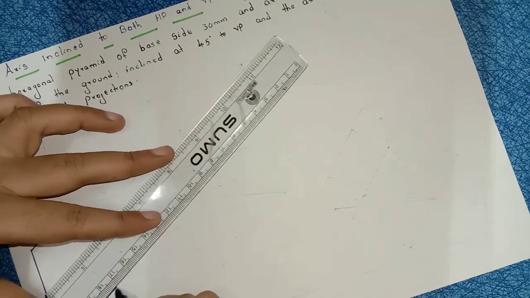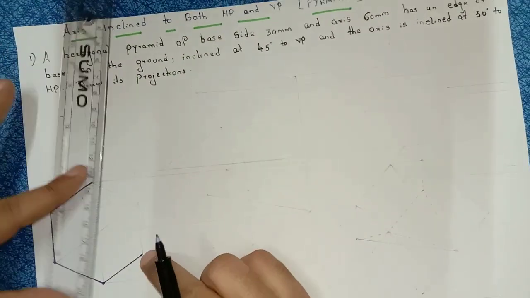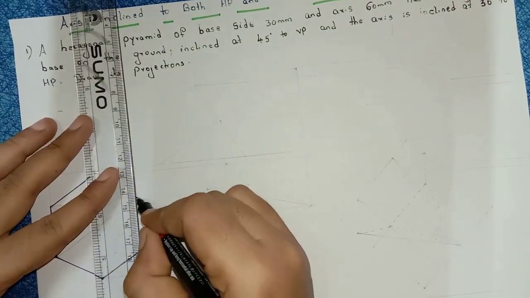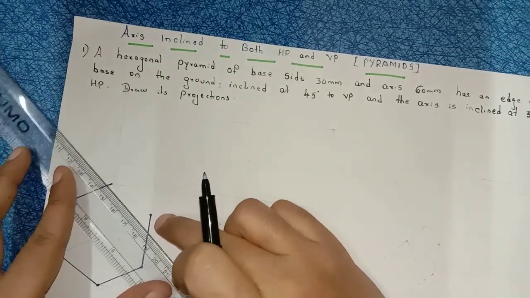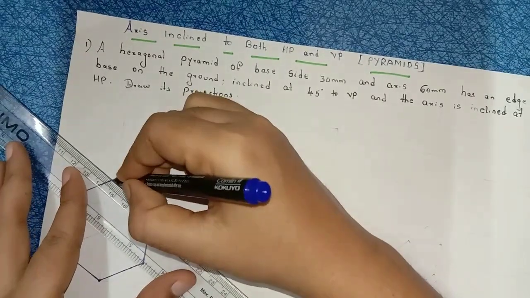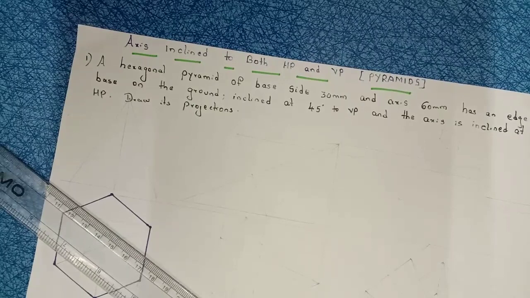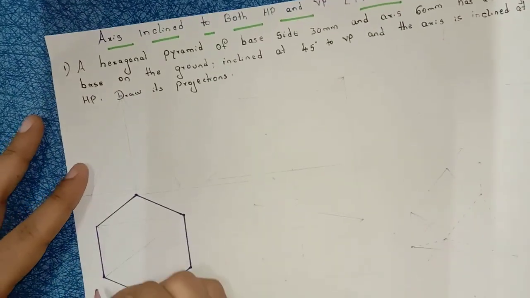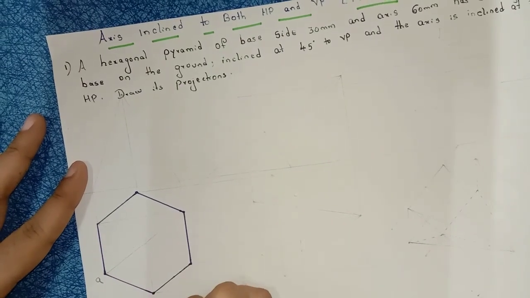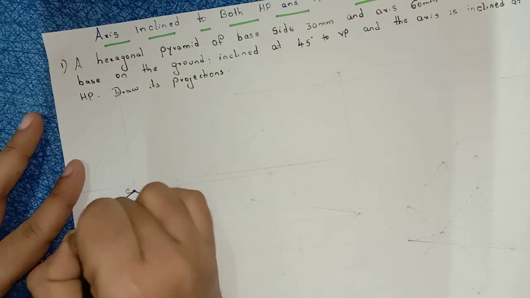Again on this point, 120 degrees, length 30 mm. I will join these two points. Now I will name the hexagon: A, B, C, D, E and F.